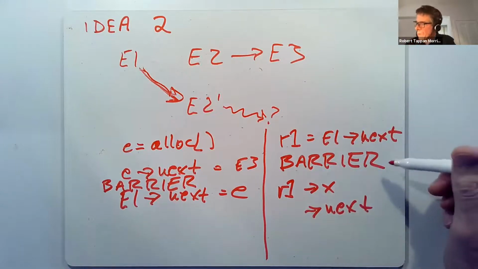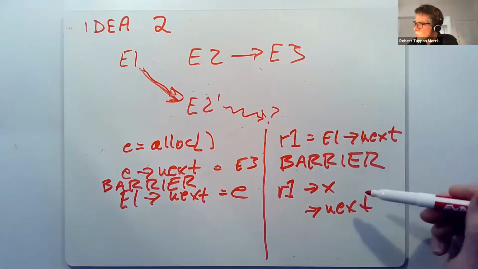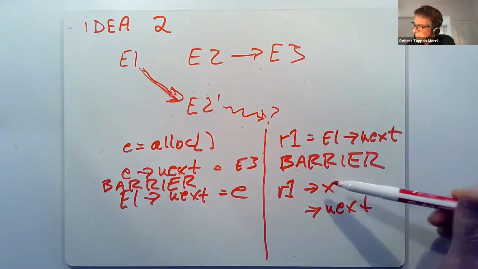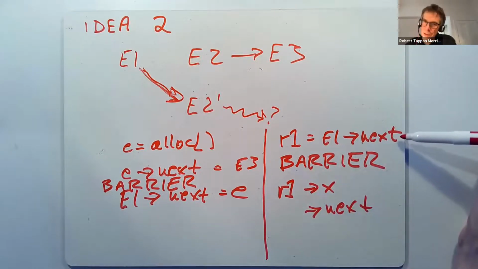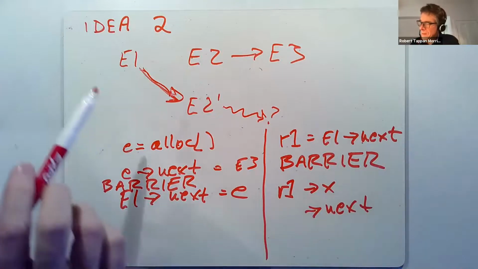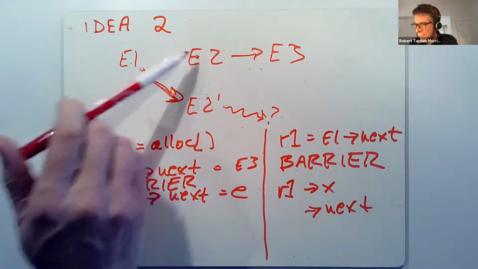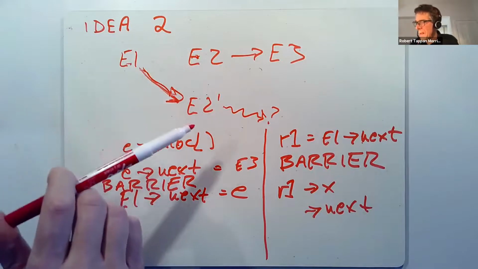And what this barrier on the reader says is, don't issue any of these loads until after we've completed this load. So the reader is going to look at E1 arrow next and either get the old E2 or the new E2.